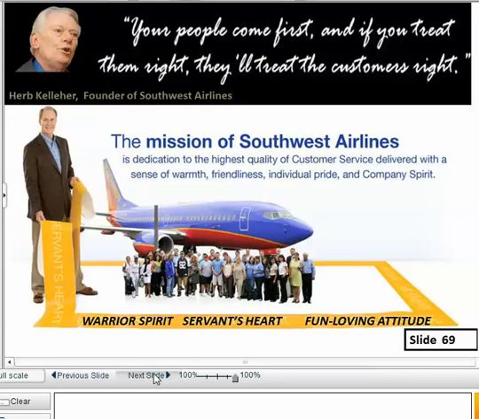Well, it really goes back to Herb Kelleher. He was the founder of Southwest Airlines, and his whole focus was on the workers. Focus on the lowest level worker actually interacting with the customer. Because if you take care of your people, your employees, they will take care of the customers.